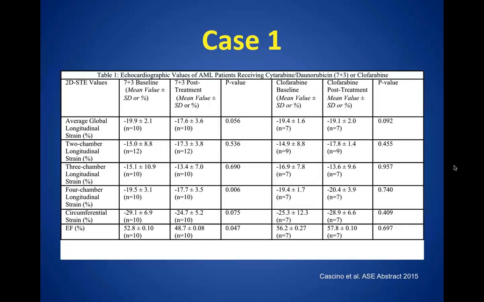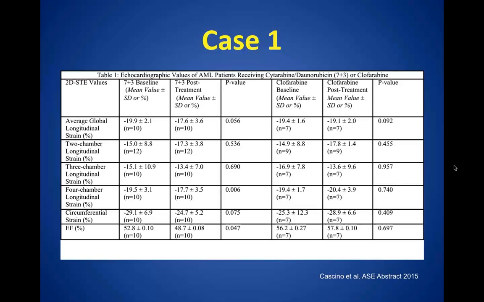This is actually a study that we did. We looked at this particular patient group here at Northwestern, in which 25 patients were enrolled in the ECOG 2906 study between 2011 and 2014, and we studied older patients with AML who received 7+3 treatment versus a newer chemotherapy regimen.